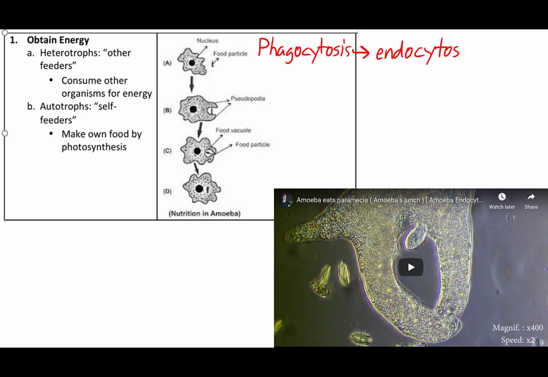You remember from Bio 1 when you talked about osmosis or passive transport, fusion, and then active transport. So endocytosis is an active transport.